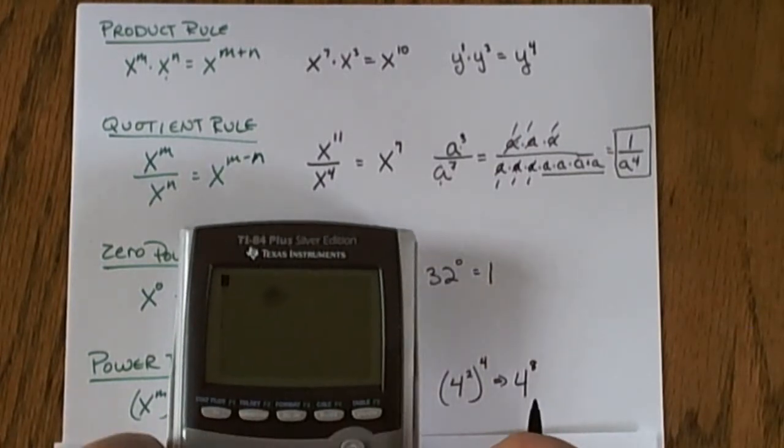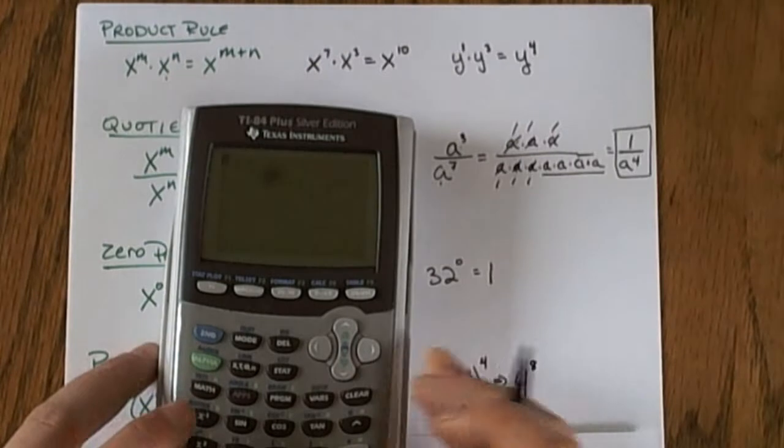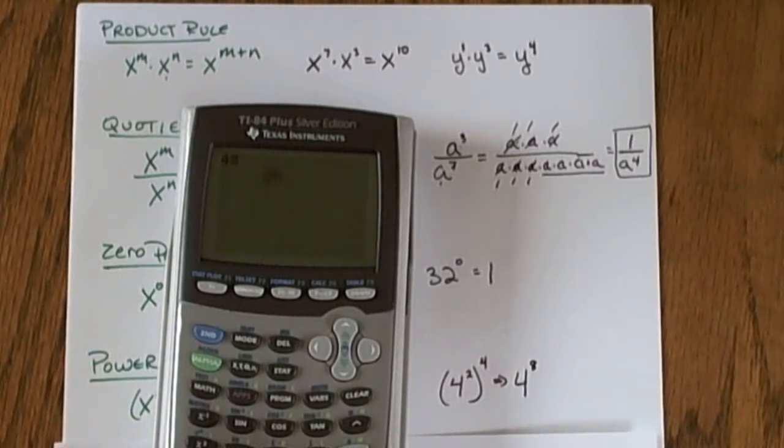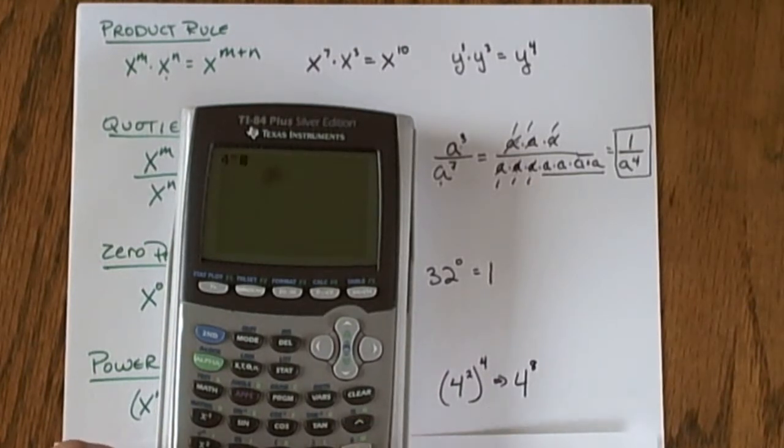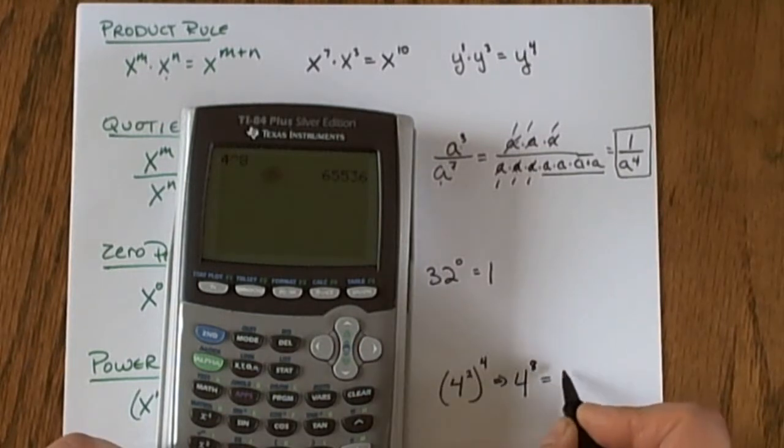And the way I do that on my calculator is I take the number 4, and then I use this power button, which is above the division. It looks like a little caret. 4 to the power 8. Hit enter, and it will give me the value. In this case, 65,536.